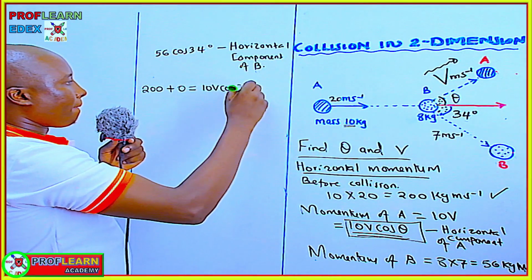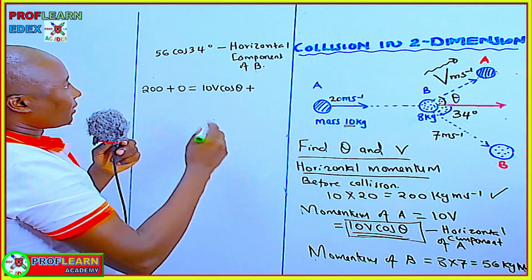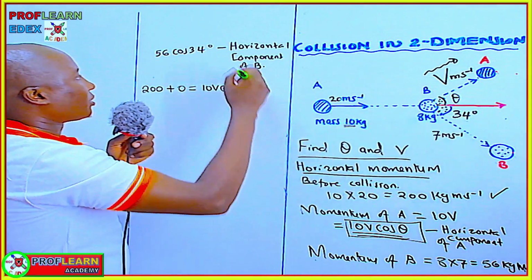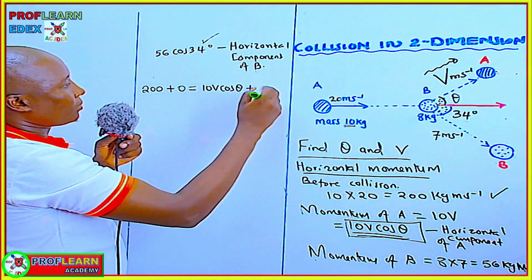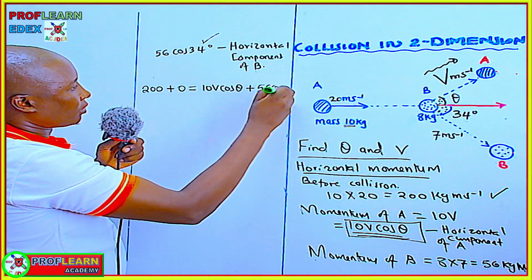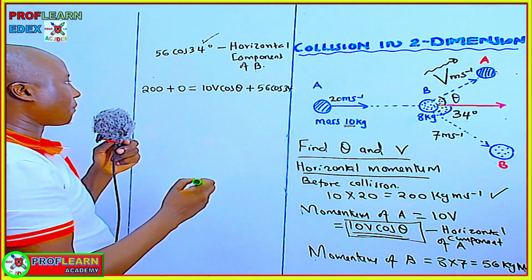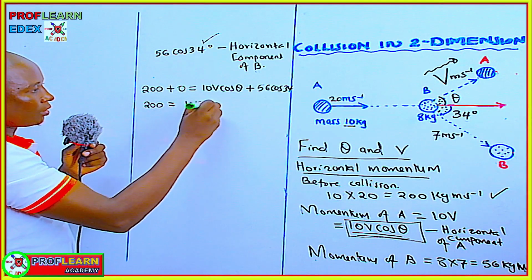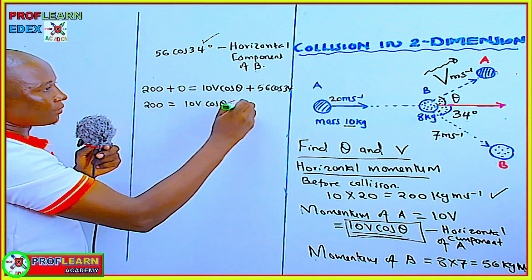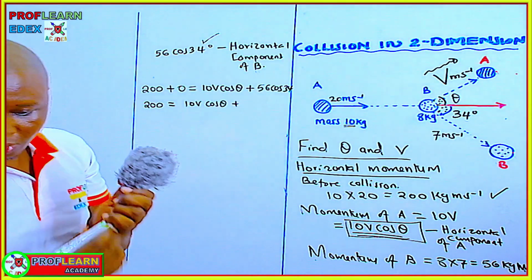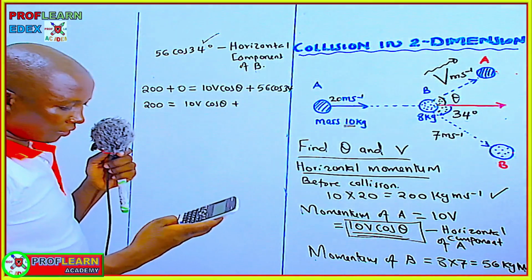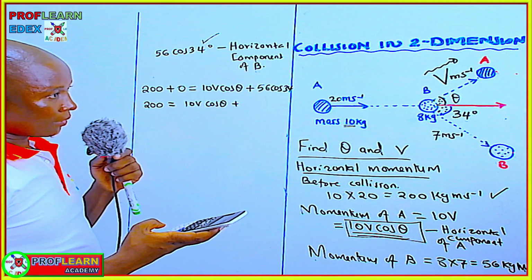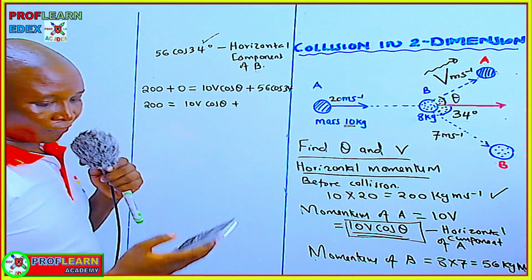And then plus the momentum of B in the horizontal direction, which is going to be 56 cos 34. So you can see we end up having 200 is equal to 10V cos theta plus 56 cos 34. That translates to 46.4.